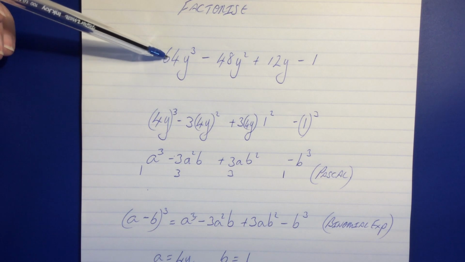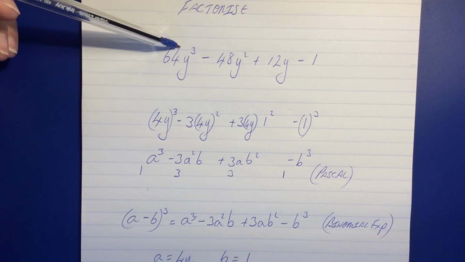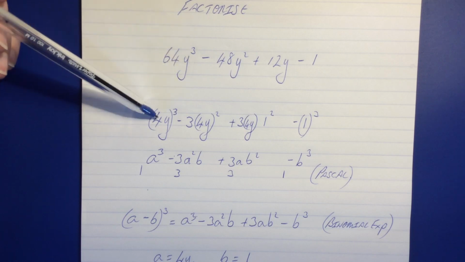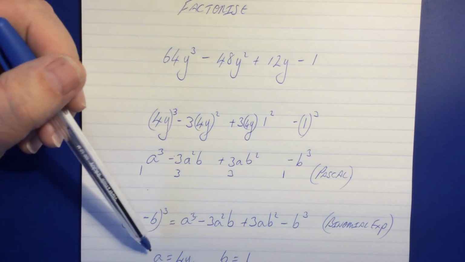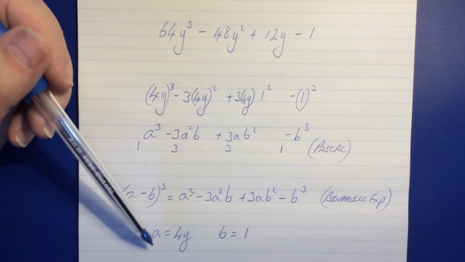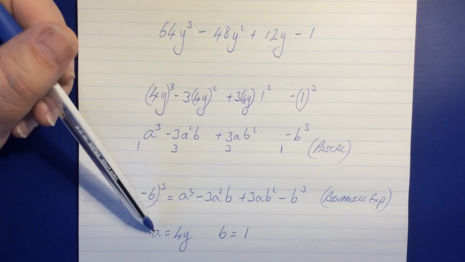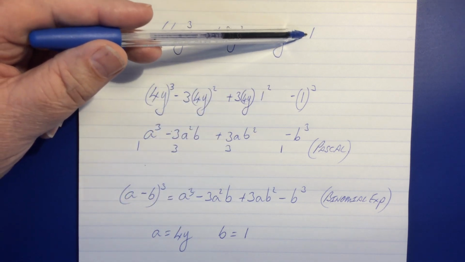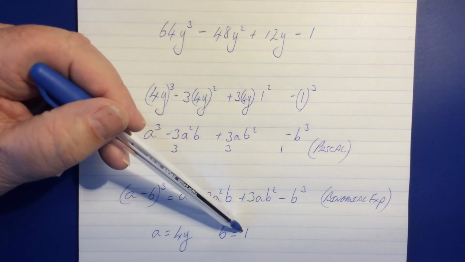Now a is going to be the cube root of this whole expression, which is 4y. So in this case, if I move the page down a little bit, you'll see that a I've noted as being 4y, and b, the cube root of this, is 1.